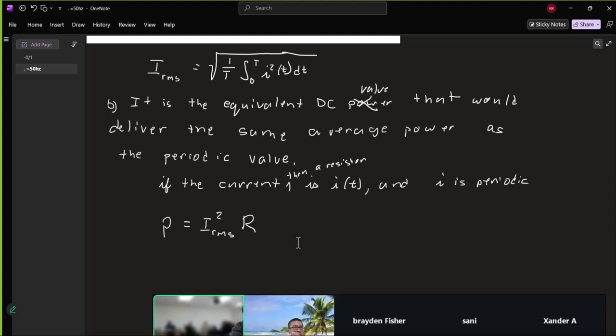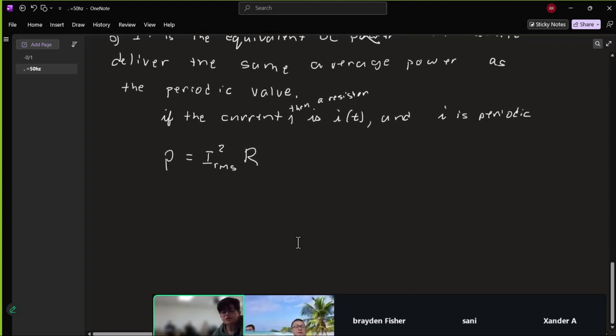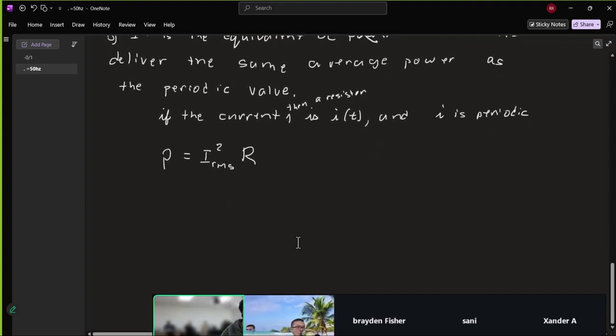So now, let's compute some. We're going to do two examples here. Example C is going to be I of t equals some constant, I naught.